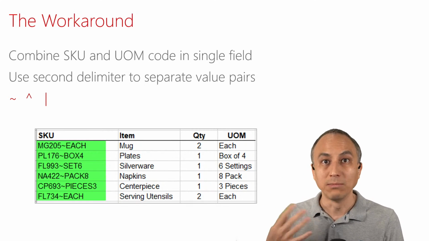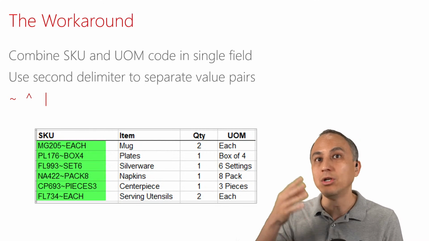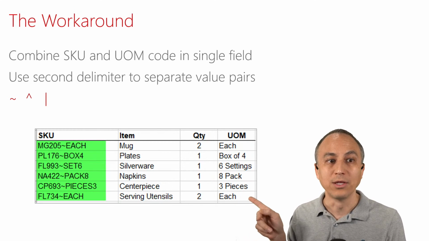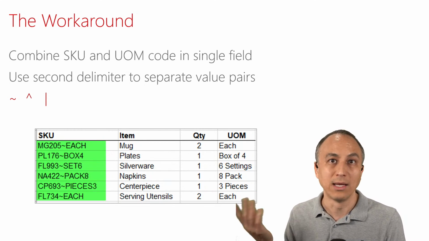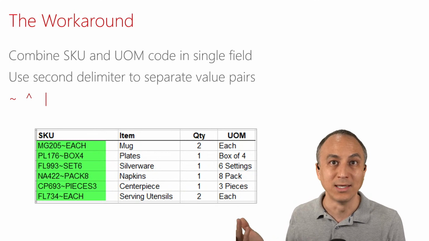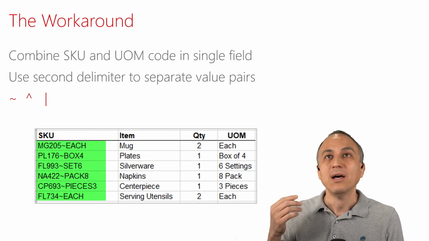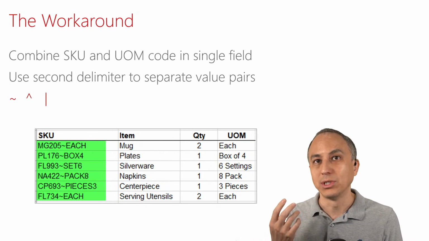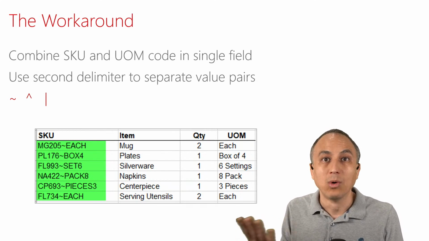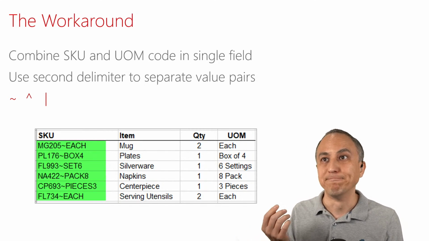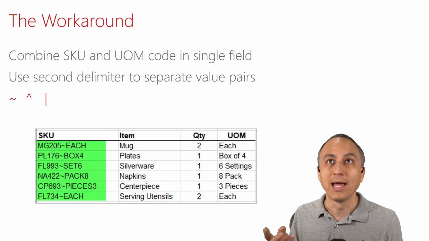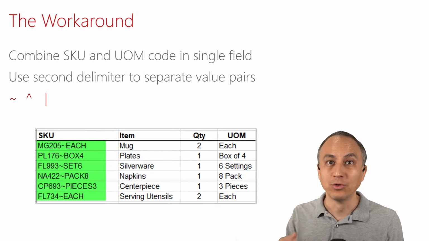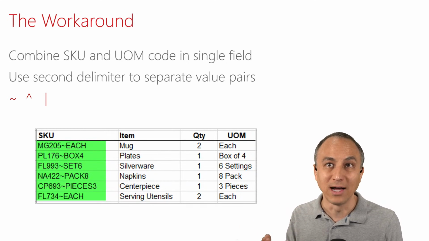And so I'm told the e-commerce system has no other way to supply the proper unit of measure that I would otherwise be able to read as a separate field. So this is a second way of doing things in a pinch. It is a bit of a hack, but it works perfectly fine. Just use a unique delimiter and you essentially have a dual delimiter CSV file.